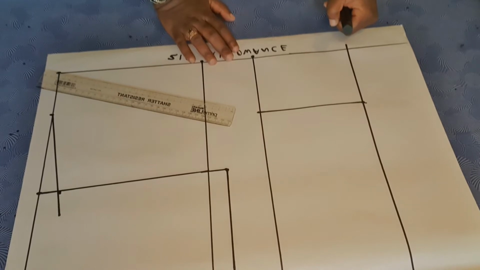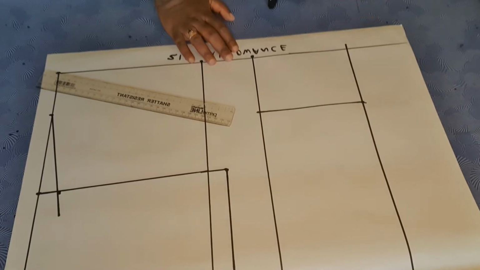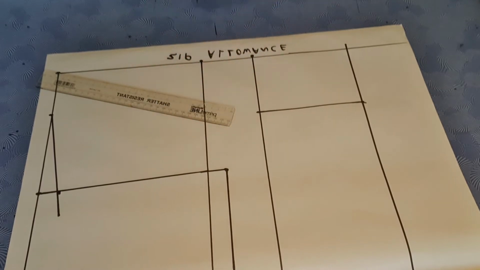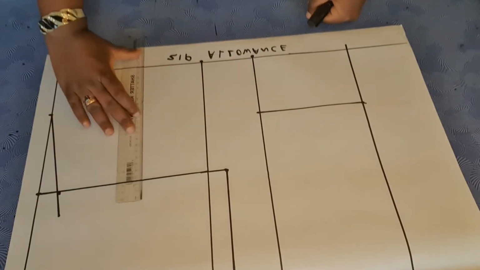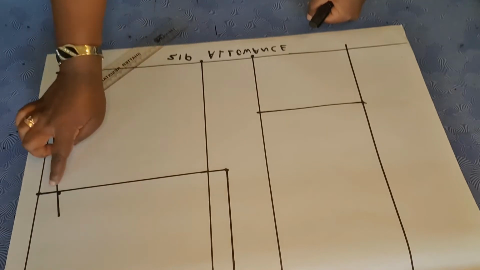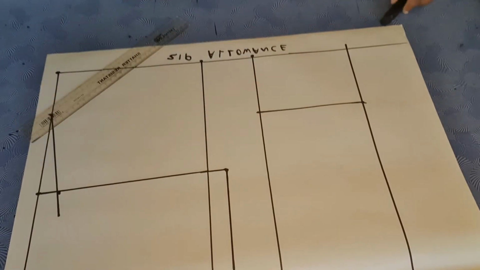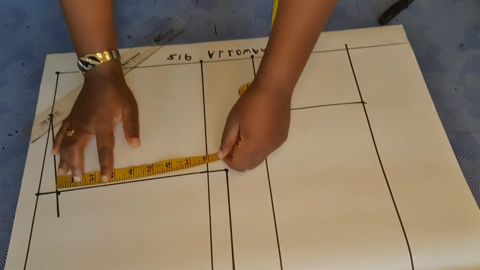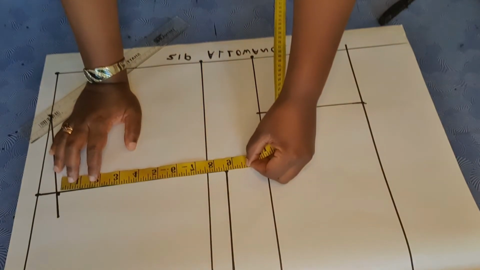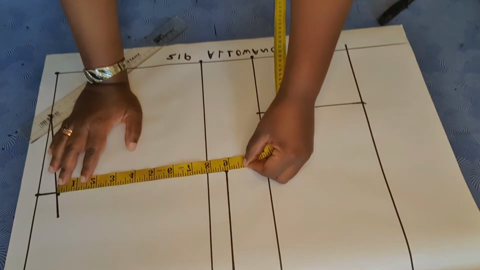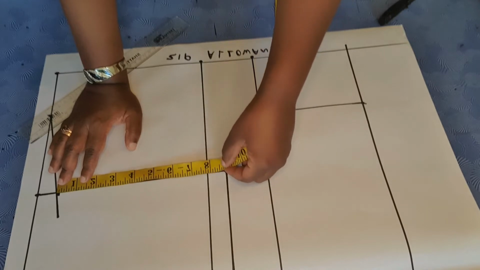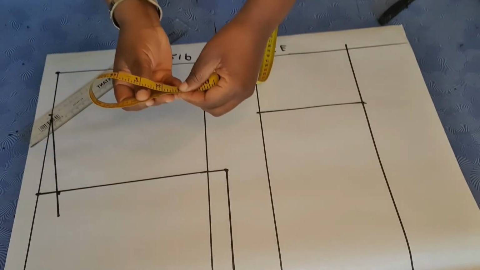Okay, so now we can go ahead to create our armhole curve. You need to get the midpoint of this line here. That's our midpoint. You just fold your tape this way.